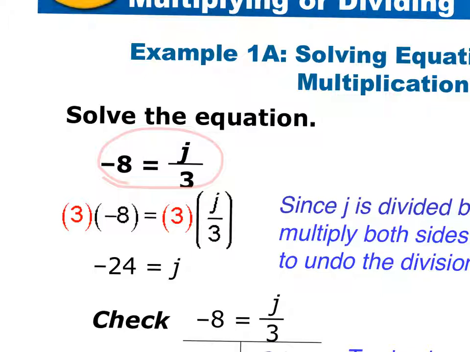So the number that's on the side with the letter is the number 3. So I am going to multiply both sides of my equation by 3. Notice here, the 3's will cancel, and then for my final answer, I'm going to multiply 3 times negative 8, and I get negative 24.